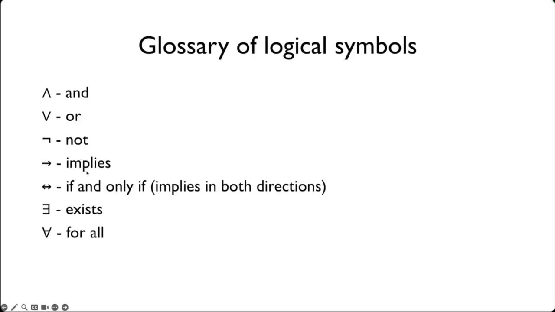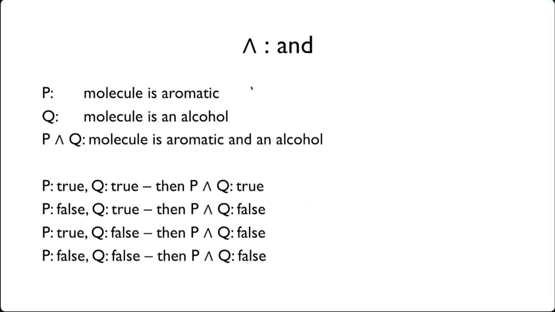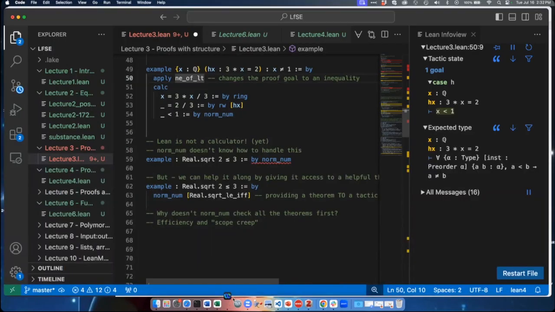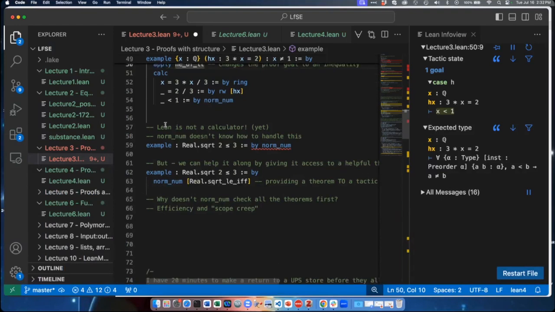And yes, good answer from Richter Wolf: P implies Q, or in other words, if P then Q. I don't have an example of this because I want to get to some and or statements in Lean itself, but we will get to not, implies, if and only if, exists, and for all tomorrow. Okay, back to Lean. Here we go.